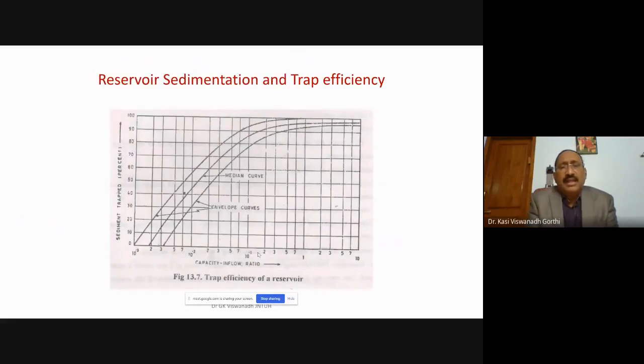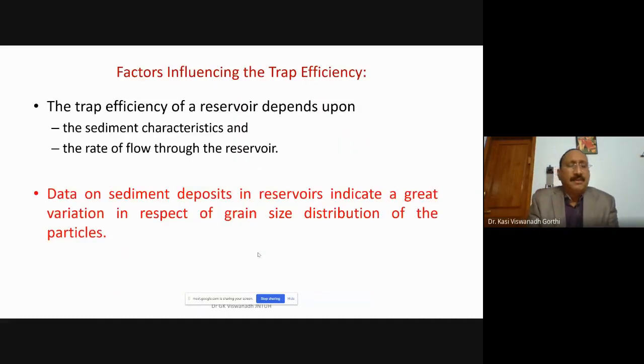These curves are called envelope curves, which are drawn taking the sediment trapped on the y-axis and capacity inflow ratio on the x-axis on a semi-log sheet. Then you'll be getting this trap efficiency curve, also called the envelope curves.